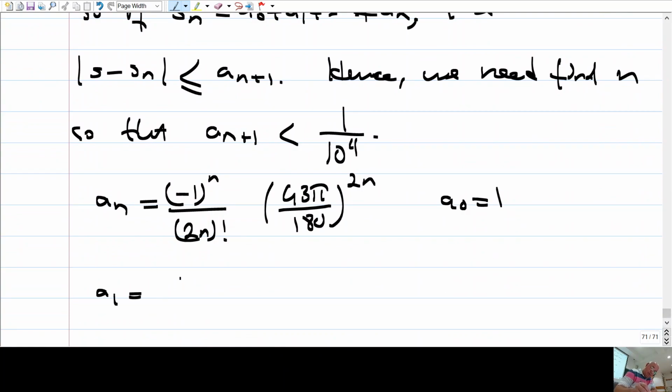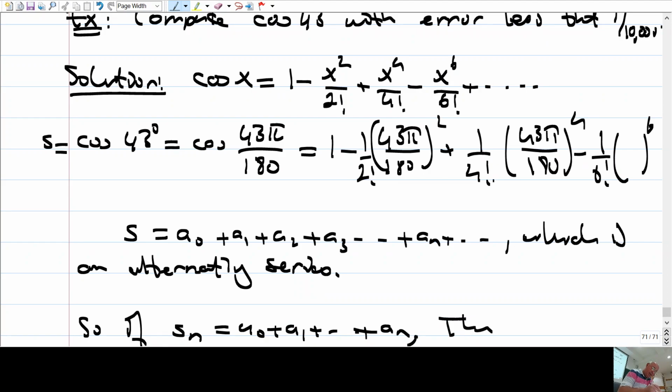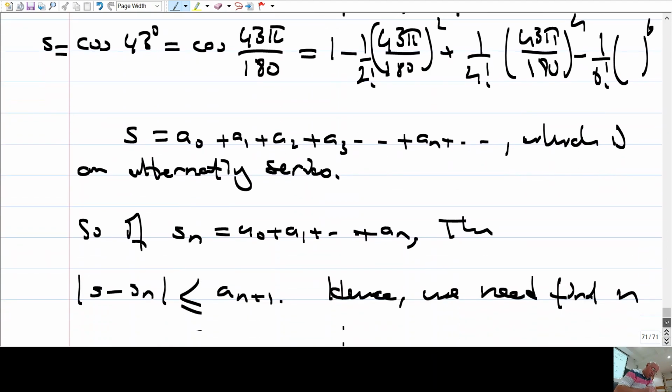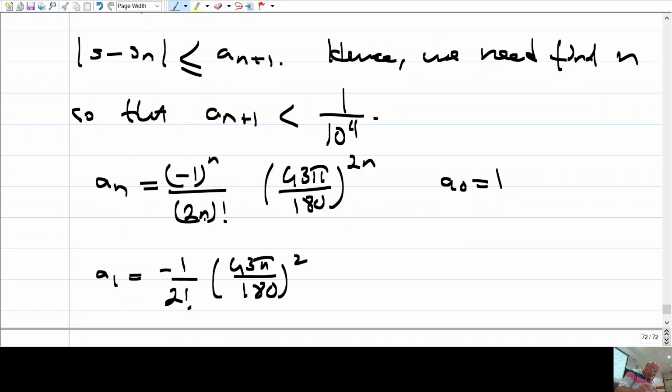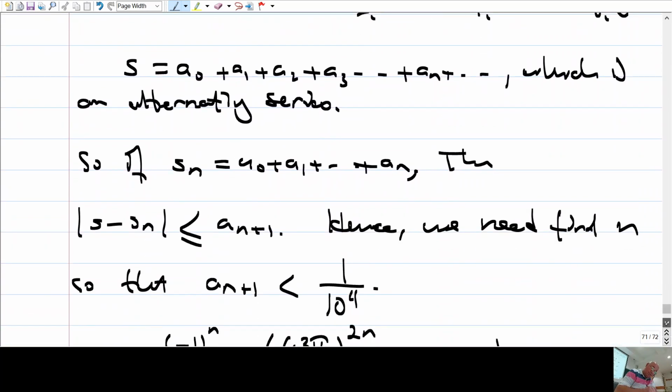A1 is minus 1 over 2 factorial, 43 pi over 180 squared. Yes. A2 will be 1 over 4 factorial, 43 pi over 180 to the power 4. So this is correct.